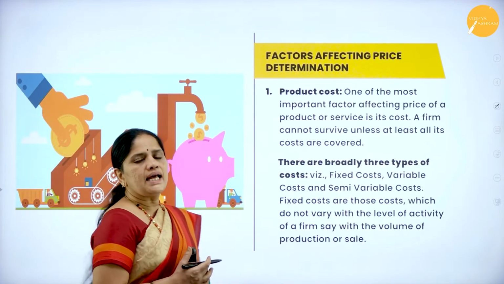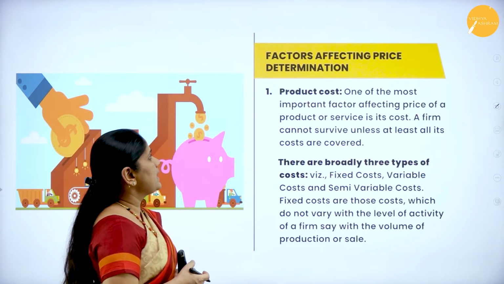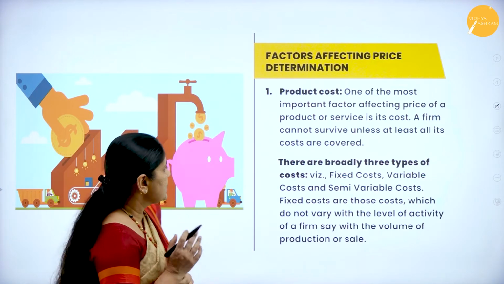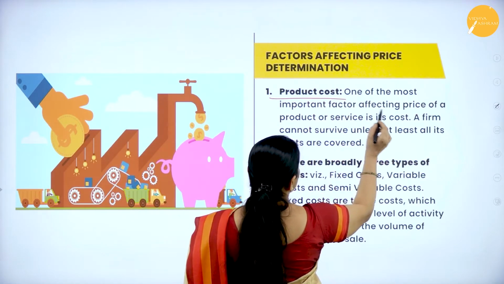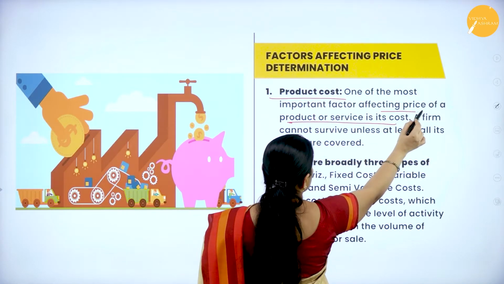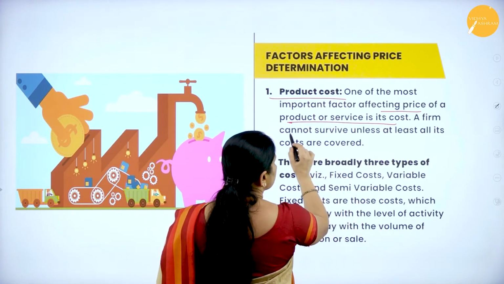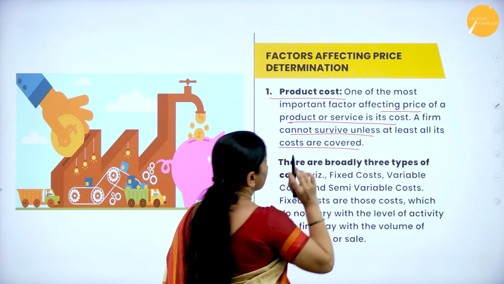Next, let us understand what are the factors which affect the price determination. The first important factor is the product cost. One of the most important factors affecting the price of a product or service is this cost. A firm cannot survive unless at least all its costs are covered.